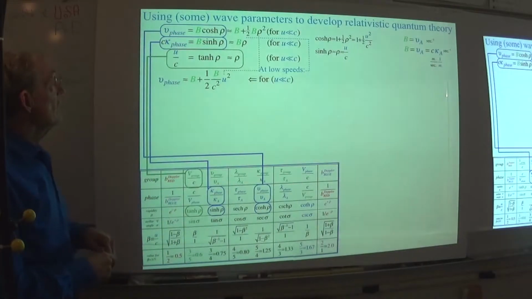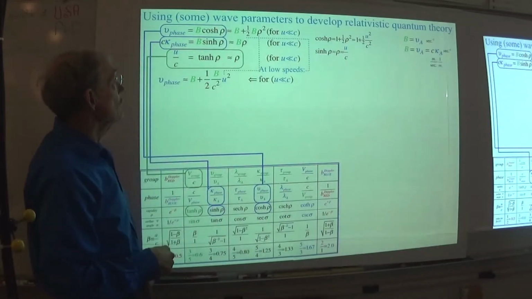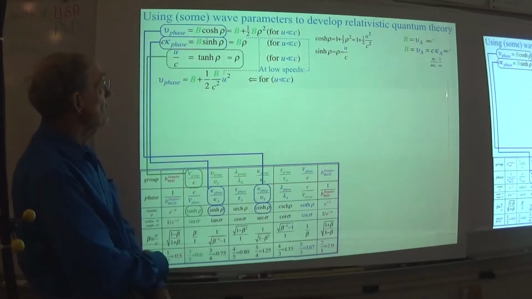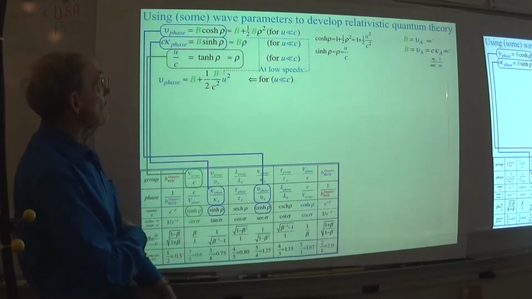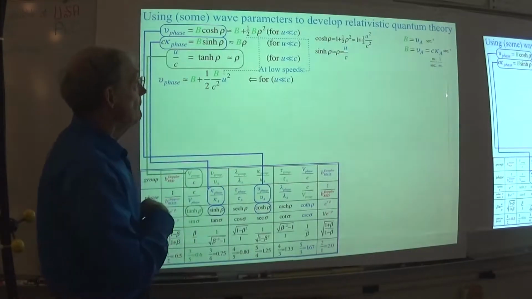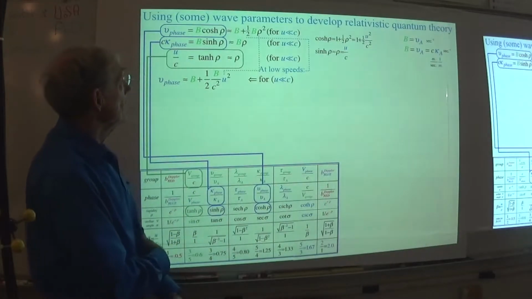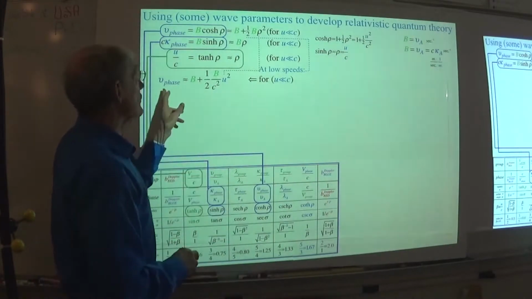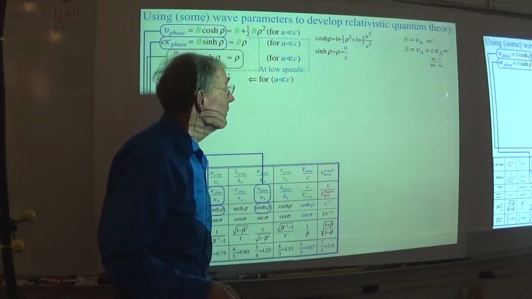In any case, what I want to do is I want to mix these two, so I notice that the nu phase here could be rewritten very nicely, when I can replace the rho squared here with u squared. But I got to put a c squared in the denominator in order to do that. Okay, so there's my approximation for nu phase at these low speeds.